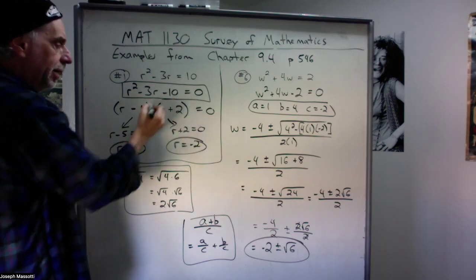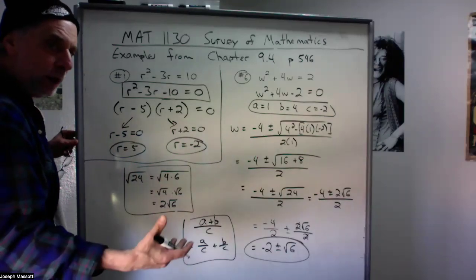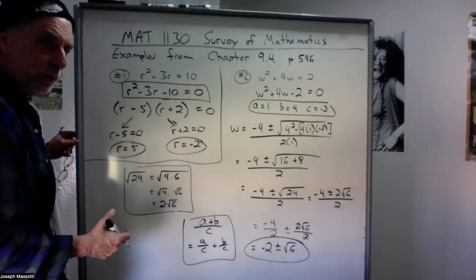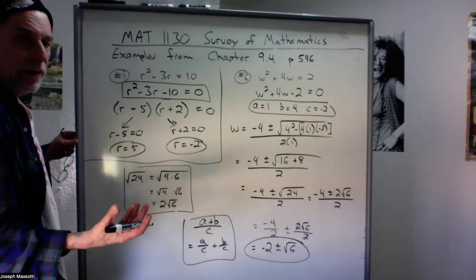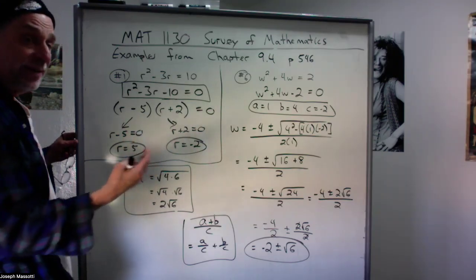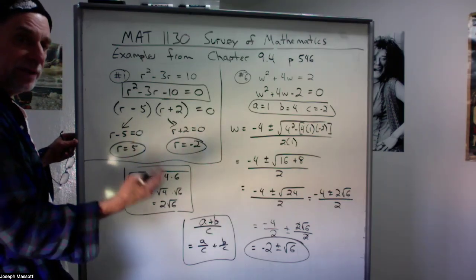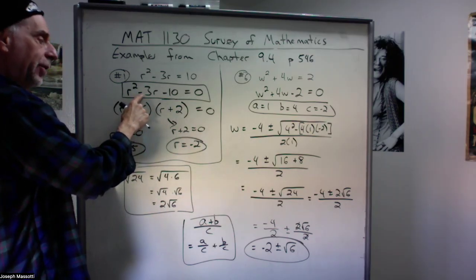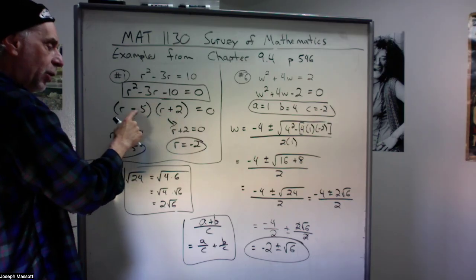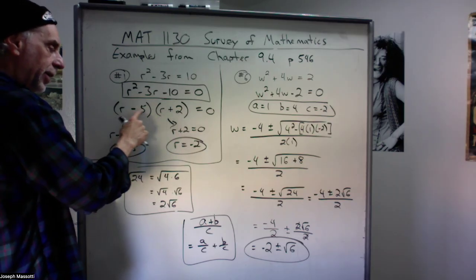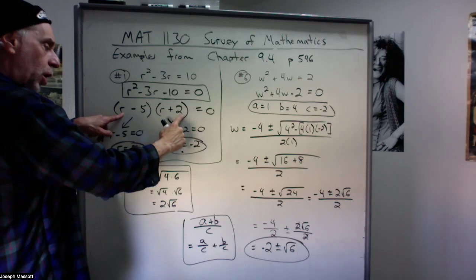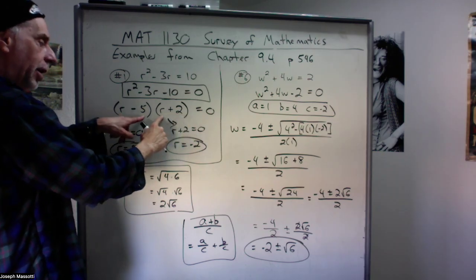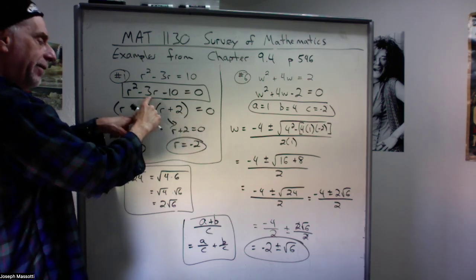And you say, okay, well, factors of 10 are 10 and 1 or 5 times 2. 10 and 1 I can't get a 3 out of, but 5 and 2 I can, right? I want it to be -3. So I have to be careful about where I put the signs, right? I need the product of 2r and 5r somehow to equal -3r.